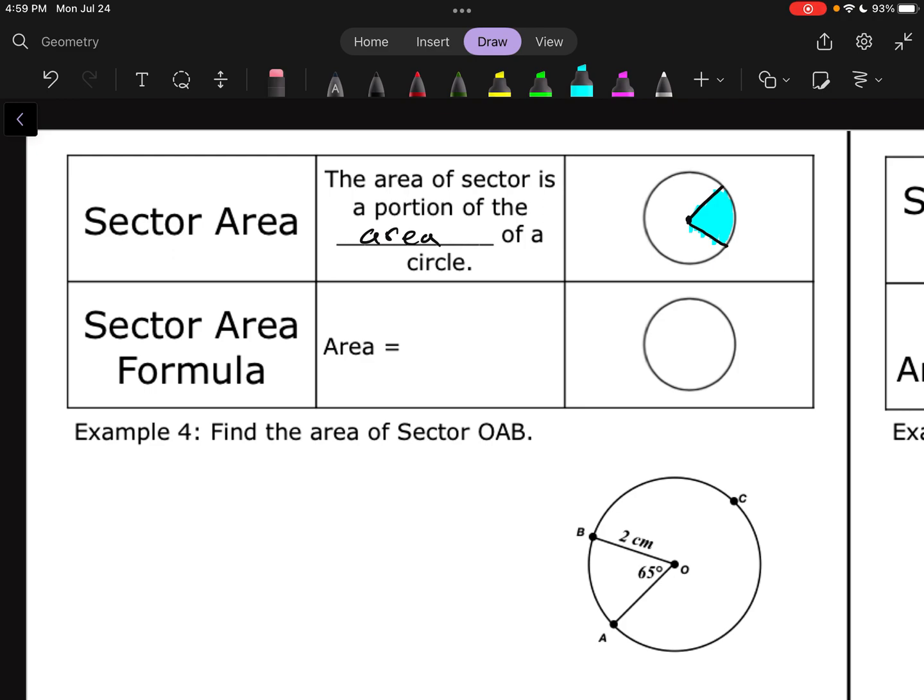And the way that we calculate that is going to be, once again, doing theta over 360 to represent the amount of degrees that our sector takes up. But this time, instead of multiplying by 2 pi r, this time we're going to multiply by the area formula, which is pi r squared.